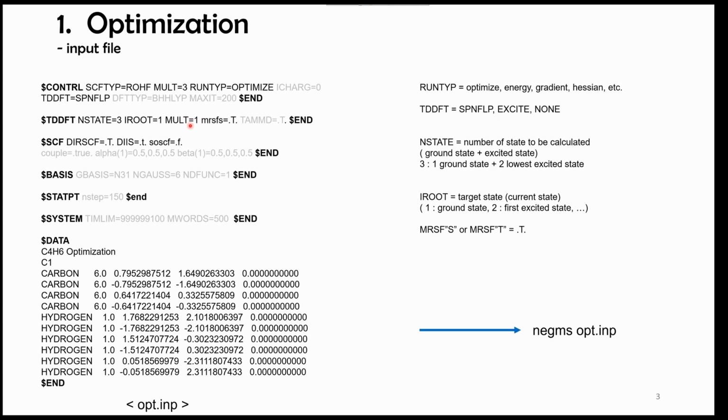Very sharp observation: in principle, you don't need the other keyword. It is kept for some future modifications. If it's singlet MRSF, the multiplicity is of course 1, so you don't need it. If it's triplet, the multiplicity has to be 3, so you also don't need it.